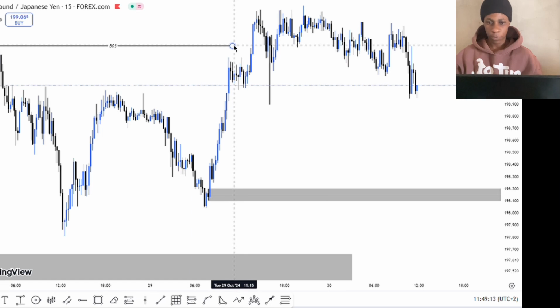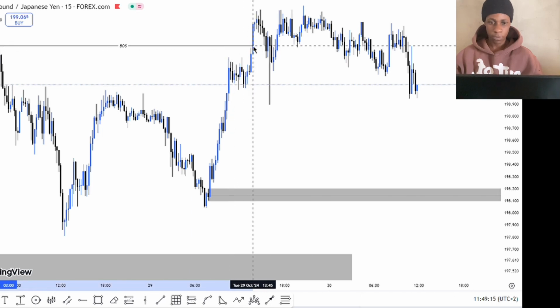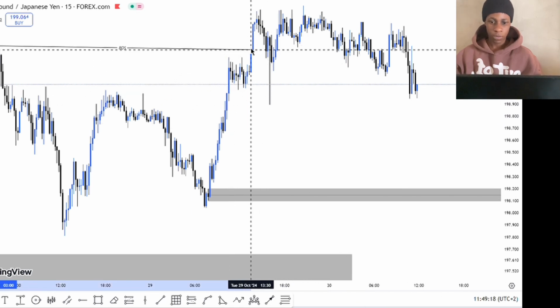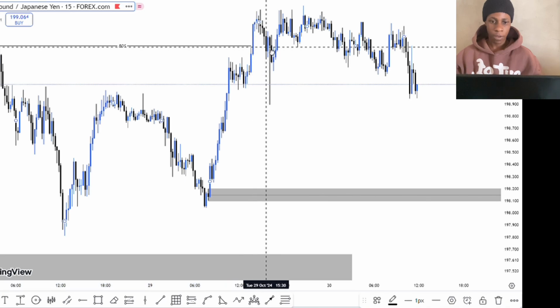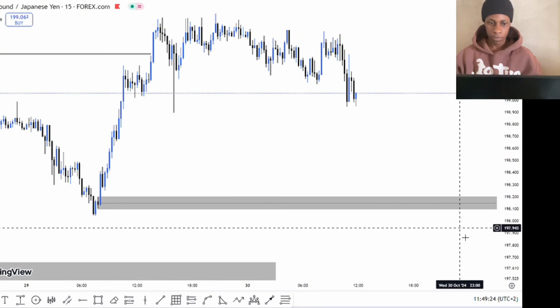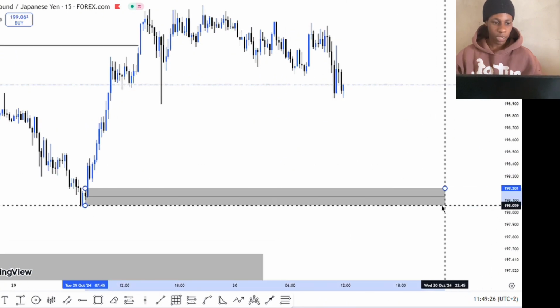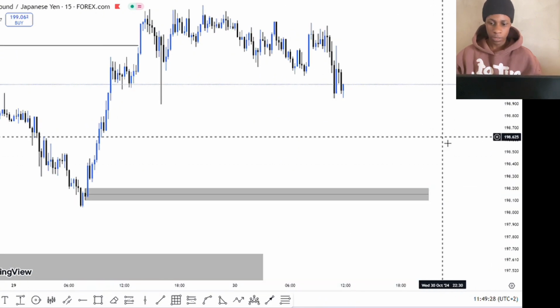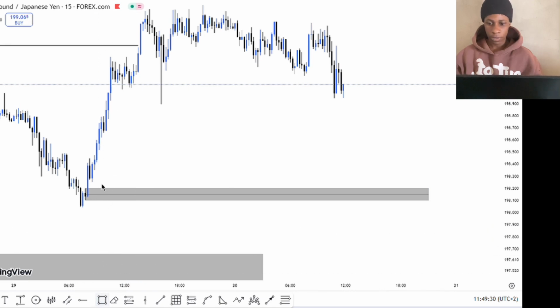When identifying an order block, you need to identify a fair value gap, and when marking an order block, you need to identify the last candlestick before the impulsive move. So that's what we have right there.